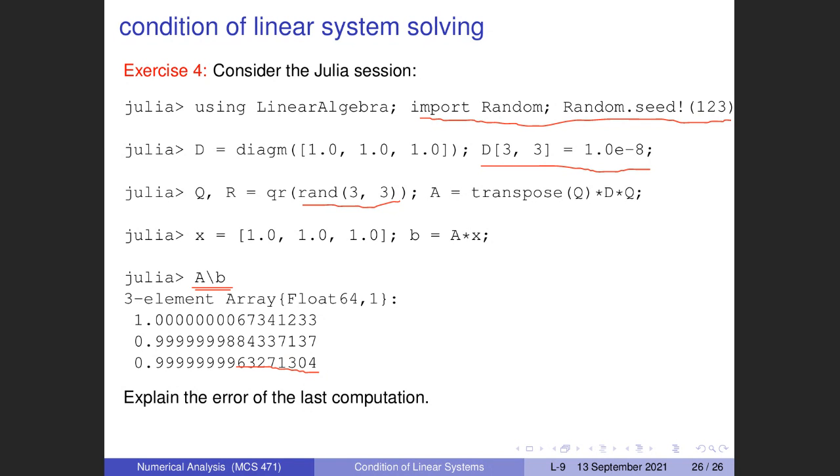Because the condition number is 10 to the power 8, the error on the solution, where we were expecting to see exactly 1, is actually 10 to the power minus 8. And the 10 to the power minus 8 comes from the minus 16 plus 8, from that equality from the first exercise.